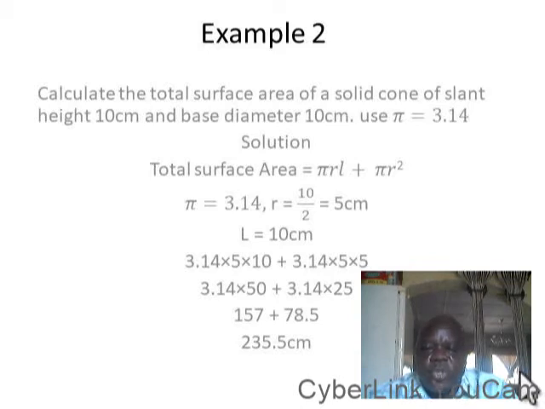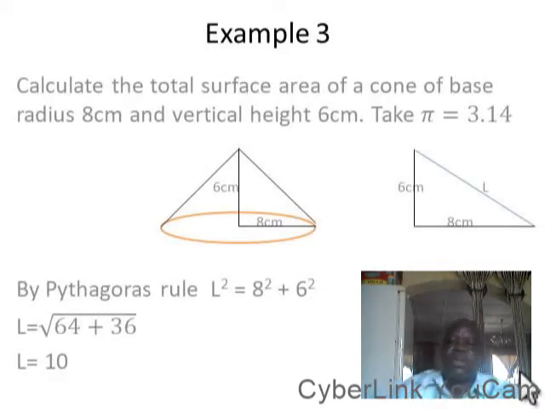By substitution, you have 3.14 multiplied by 5 multiplied by 10 plus 3.14 times 5 times 5. When you evaluate that, you have 235.5 centimeter square. Please put square there, it's an error. Now we go to the next example, example 3.